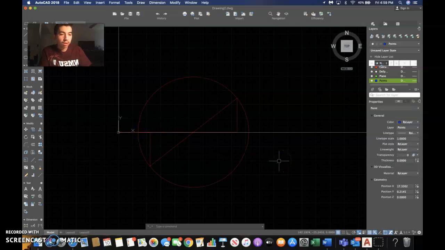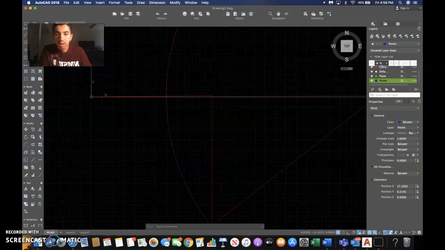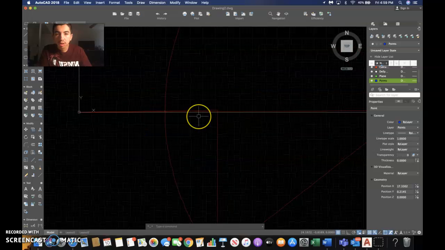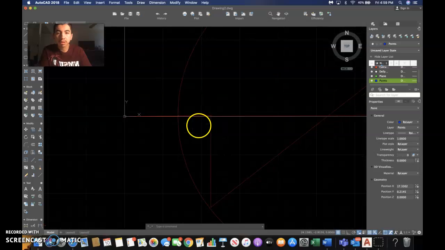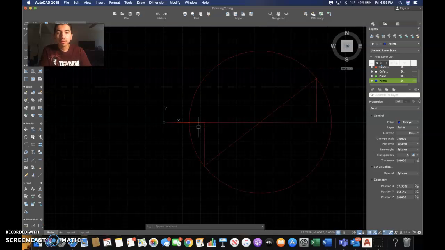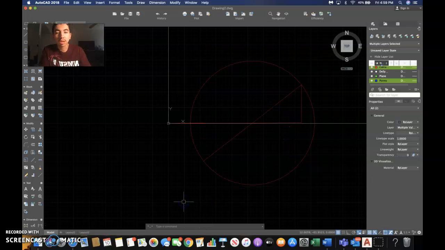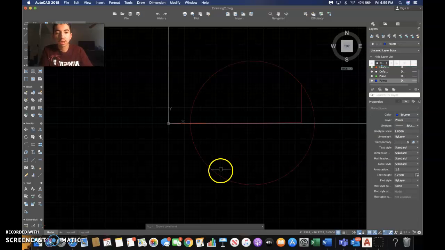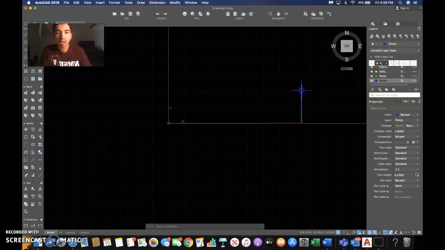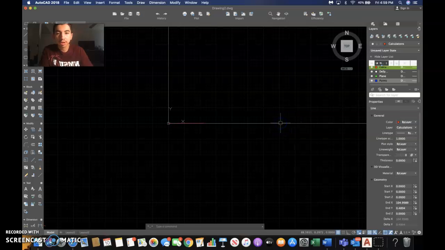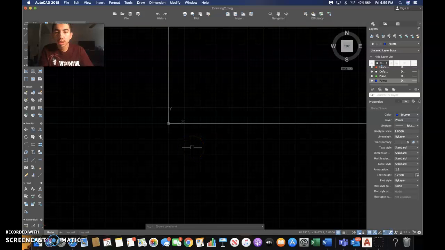And this point is, damn, I messed up on that one too. Okay, I'm gonna have to restart this. For some reason, my lines aren't going parallel with the axis. So I'm gonna start it over again.